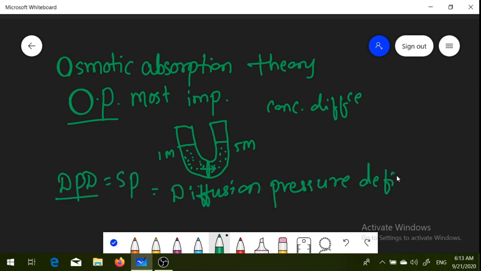The diffusion pressure deficit means, suppose there is a semi-solid substance and a watery substance. The watery substance moves fast and the semi-solid substance does not move fast because there is a deficiency of water or of fluidity, and due to that there is a deficiency of diffusion pressure.